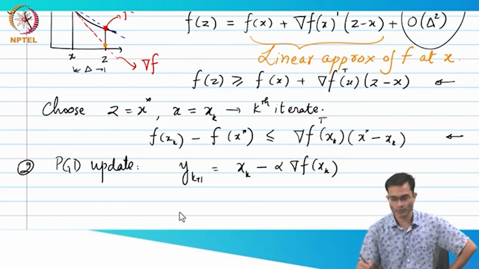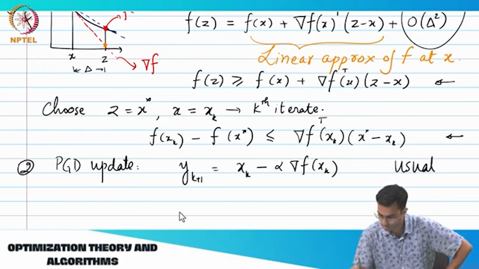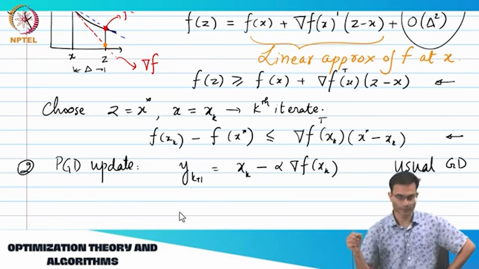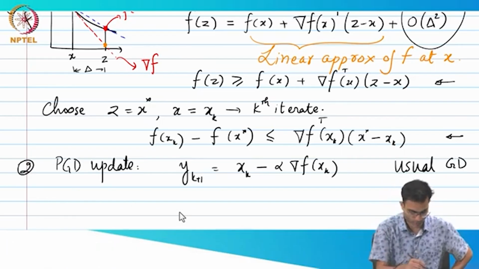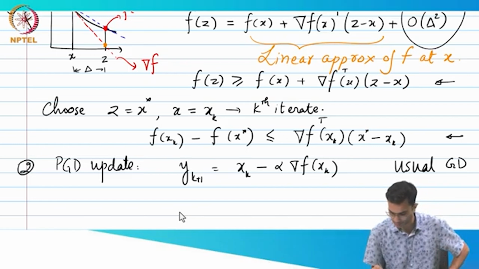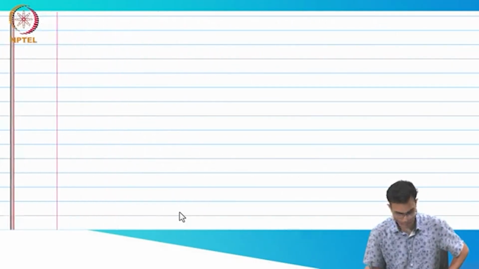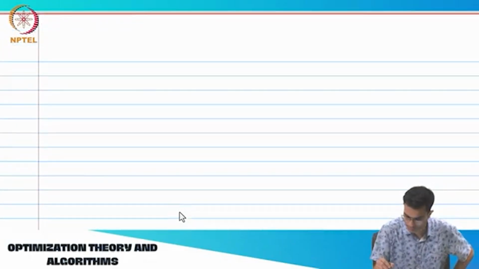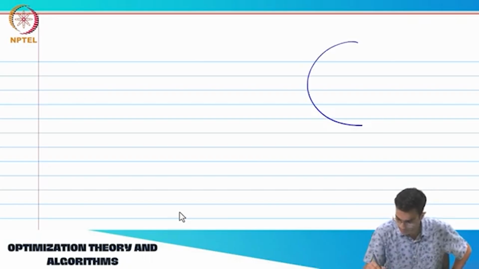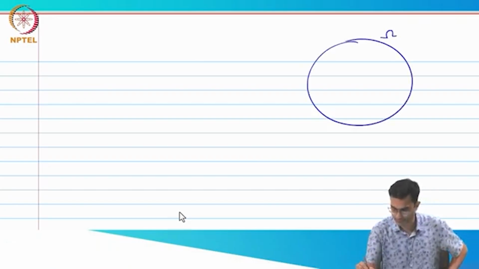Okay, so this is our usual gradient descent update. Maybe I'll go to the next page so that I can draw this. Let's say this is my feasible set.